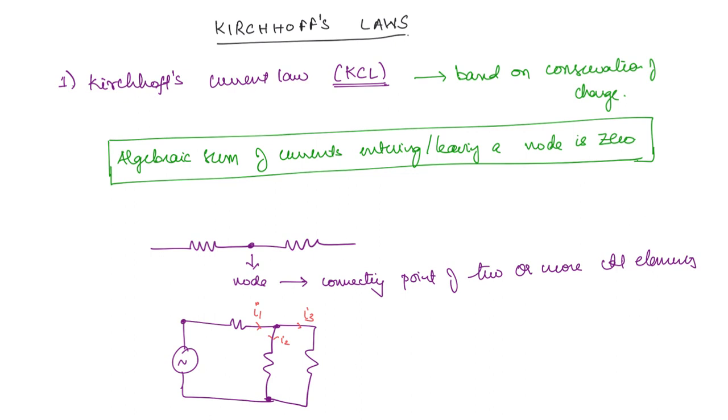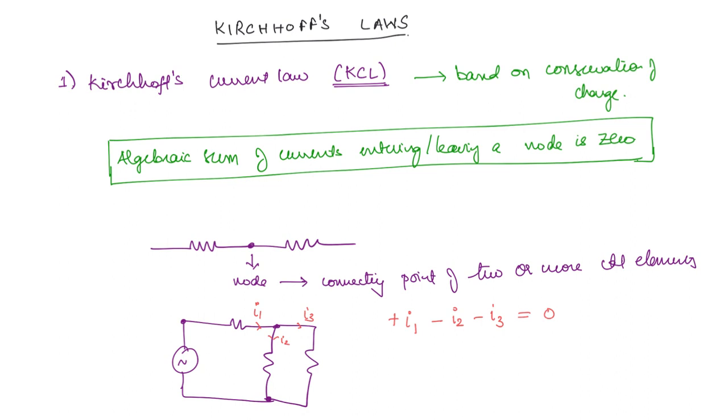For example, I1 is entering so we take it as positive, and I2 and I3 are leaving, so we take minus I2 minus I3. That's why we call it the algebraic sum, because we use the appropriate sign, and this is equal to 0.